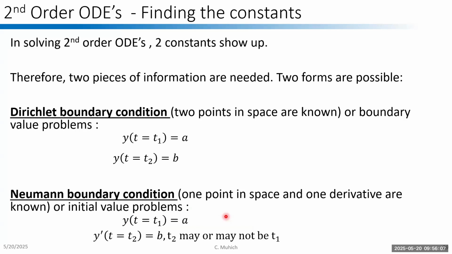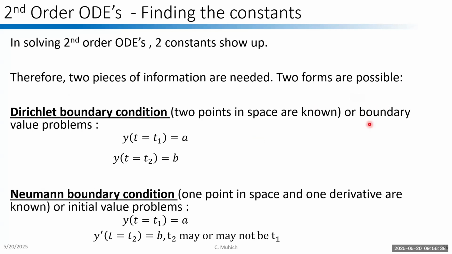All right, let's talk about solving for the constants now that we've seen how to solve second order ODEs. We've seen that when solving second order ODEs, we have two constants which appear. Therefore, we need two pieces of information, and there are two kinds that are possible. First, the Dirichlet boundary condition, where we know a value at points.